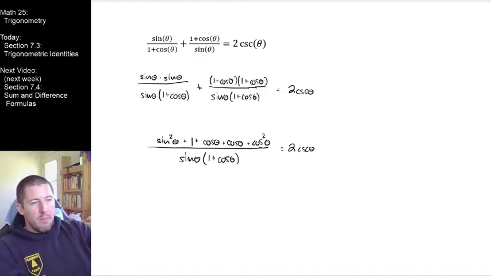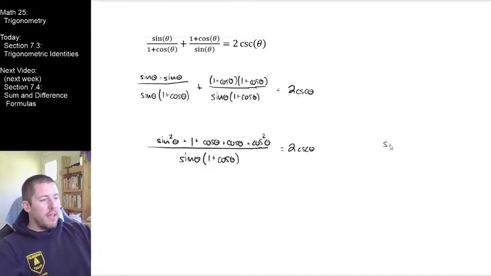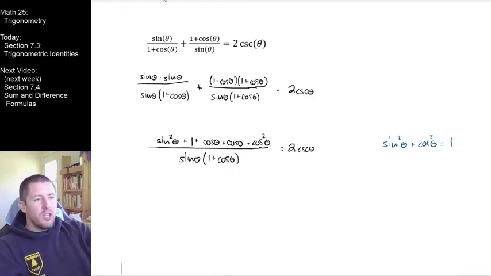I do. I'm remembering for myself over here that sine squared of theta plus cosine squared of theta is equal to just 1. That is just the nicest simplification that we're ever going to get, right? So I'm seeing here that sine squared of theta plus cosine squared theta, they're both positive, should be giving me a positive 1 to replace them.